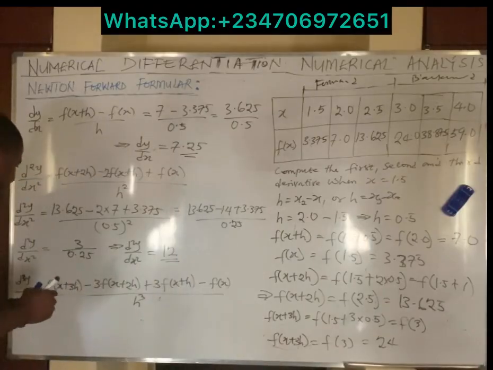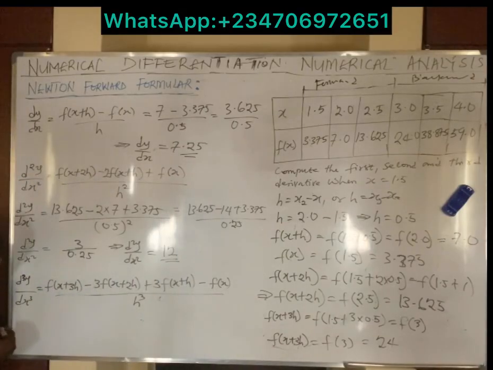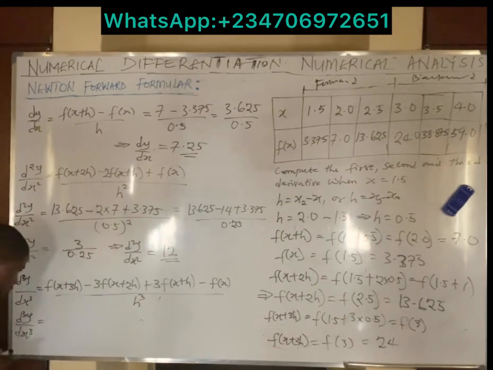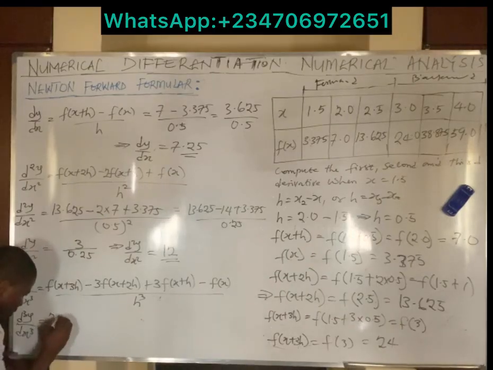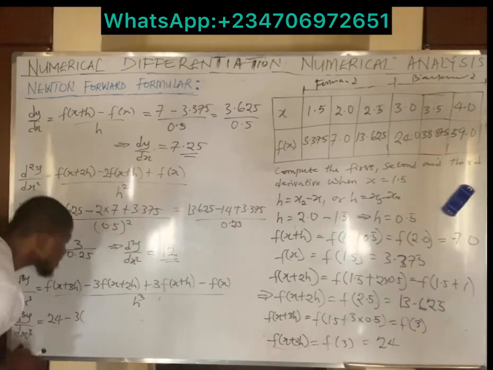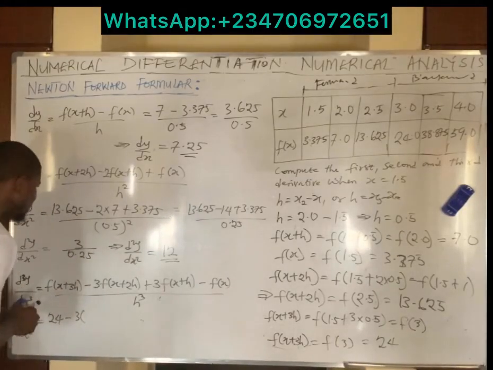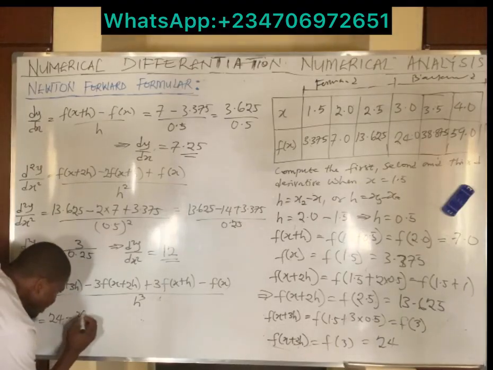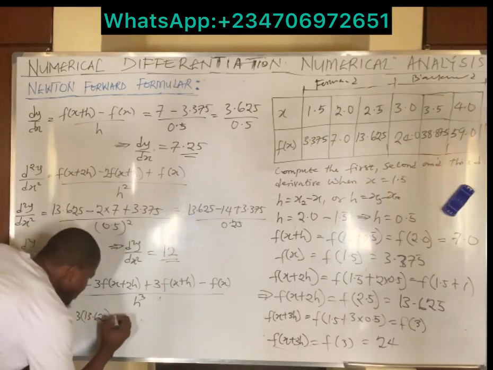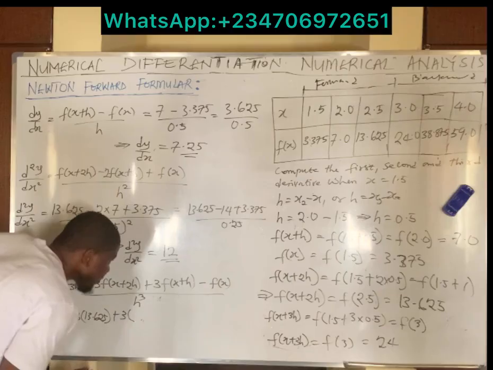You can simply plug into the equation. So the cube y all over the x cube is equal to f of x plus 3h, which is 24, minus 3 times f of x plus 2h, and f of x plus 2h gave us 13.625, plus 3 times f of x plus h.